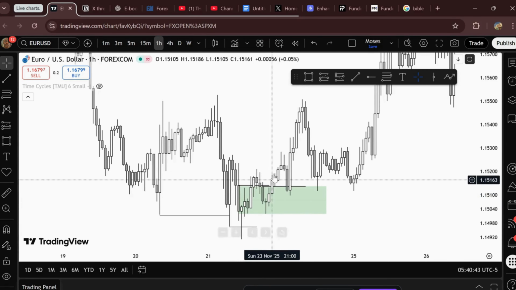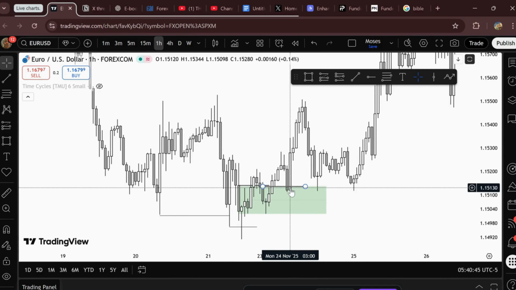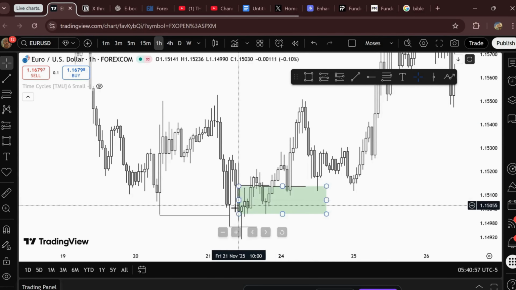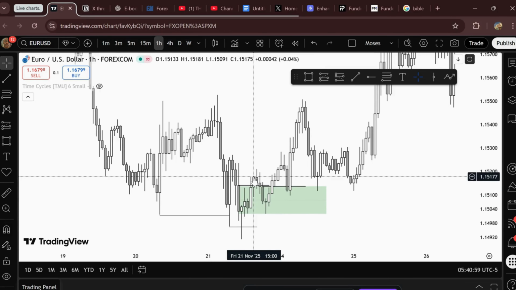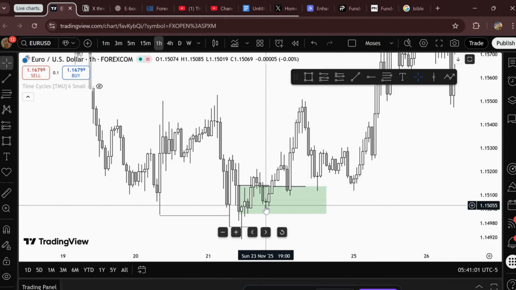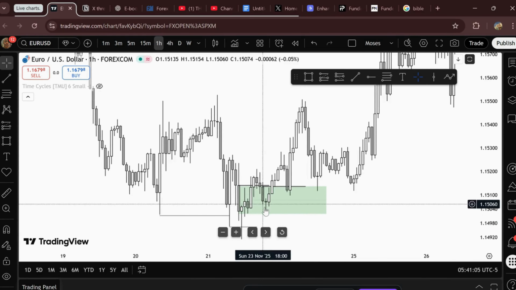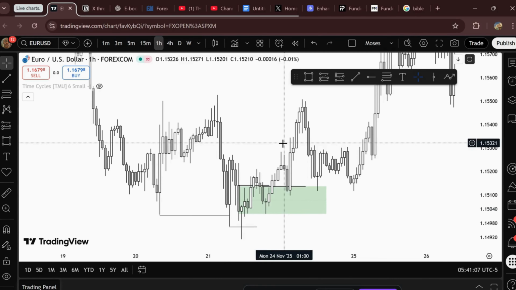And as soon as price retraced into this order block, in this case a bullish order block, price put up high prices. So we have this first order block, price closed above it, ran into it again, retrieved all the buy orders inside of the block, and pushed price high.